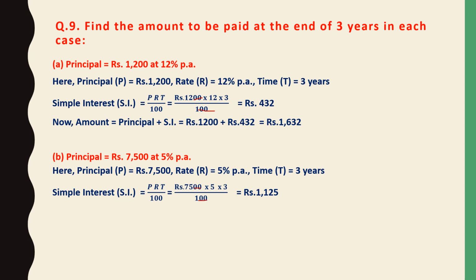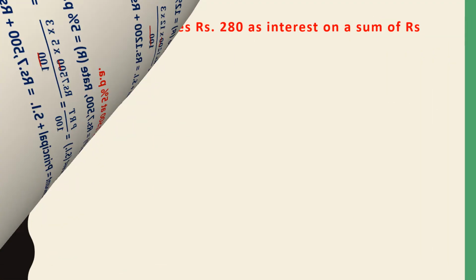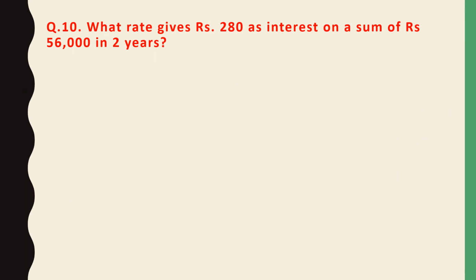Two zeros cancel out and here we get rupees 1125. Now amount is equal to principal plus simple interest, that is rupees 7500 plus rupees 1125, which gives us rupees 8625.